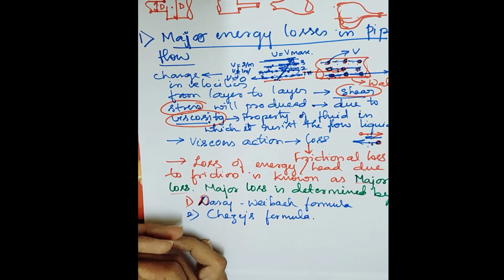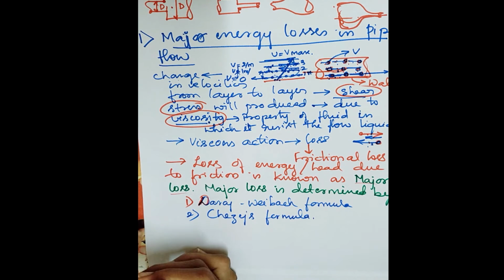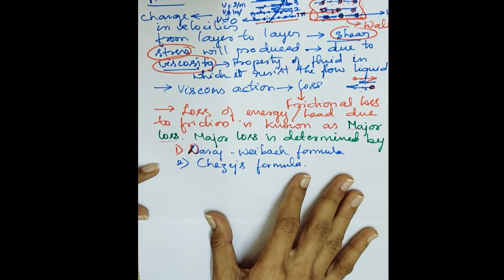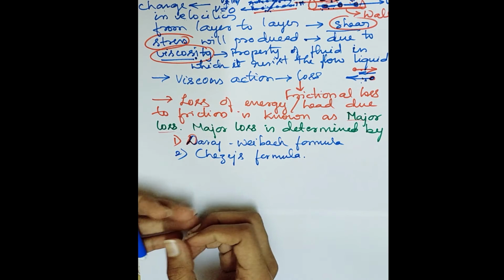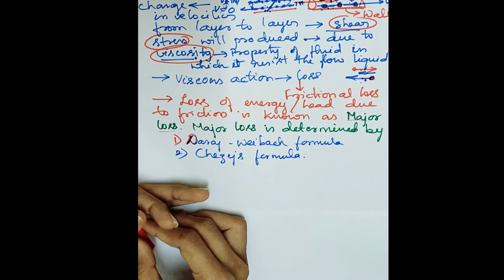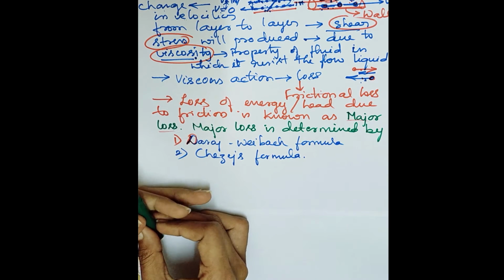So we'll see what this Darcy-Weisbach formula is to determine the major energy losses.